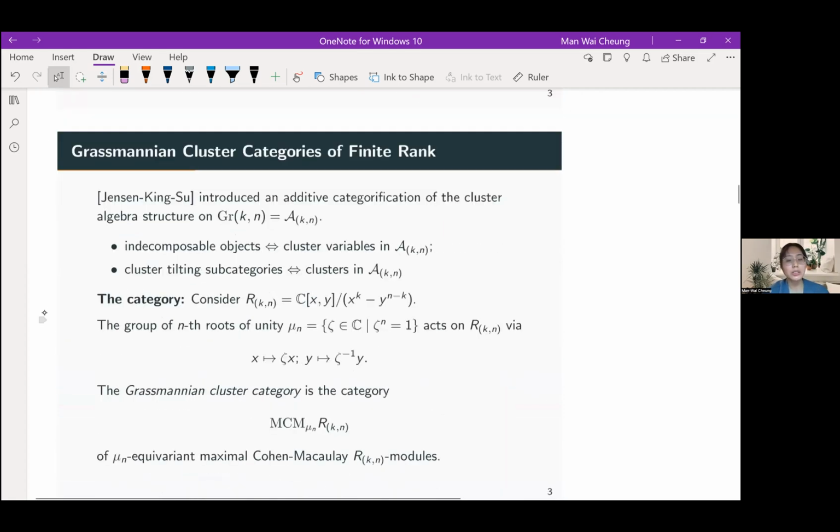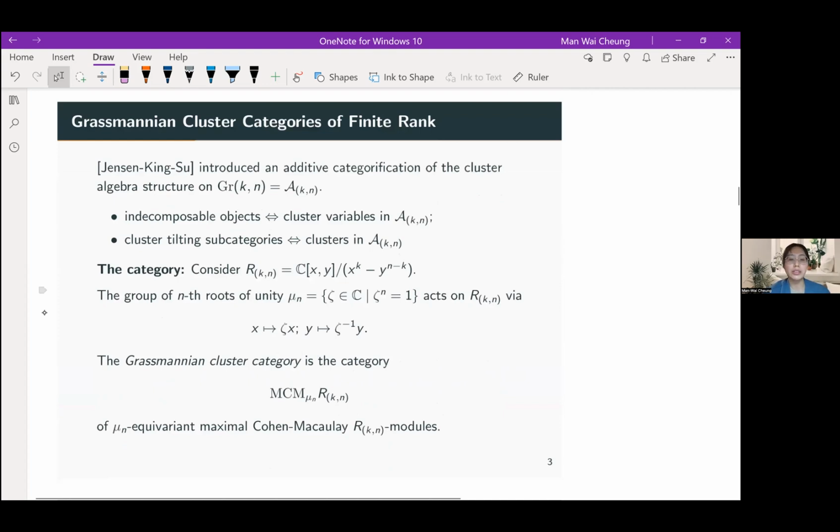Their construction considers the ring defined by xy quotient x^k minus y^(n-k). They have a group action by the group of roots of unity on the ring, and they define the Grassmannian cluster category as the Maximal Cohen-Macaulay modules with this action.